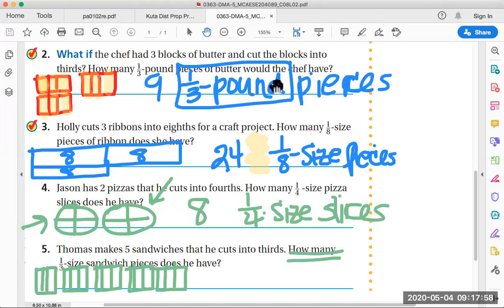Well, again, you could count them by counting by threes, right? Because the first sandwich has 3. The second has 3 more, 3 more, 3 more, 3 more. 3 times 5 is 15, space, 1/3 slice pieces.